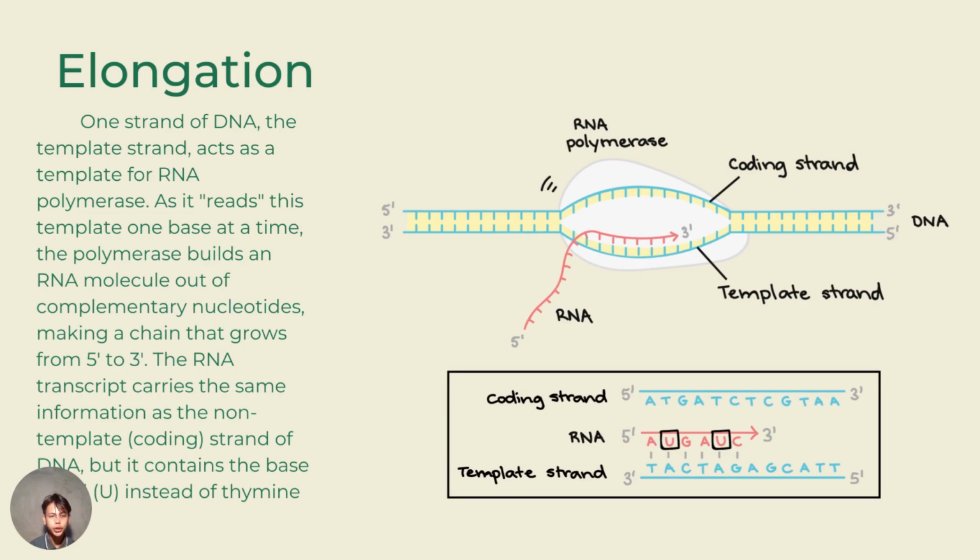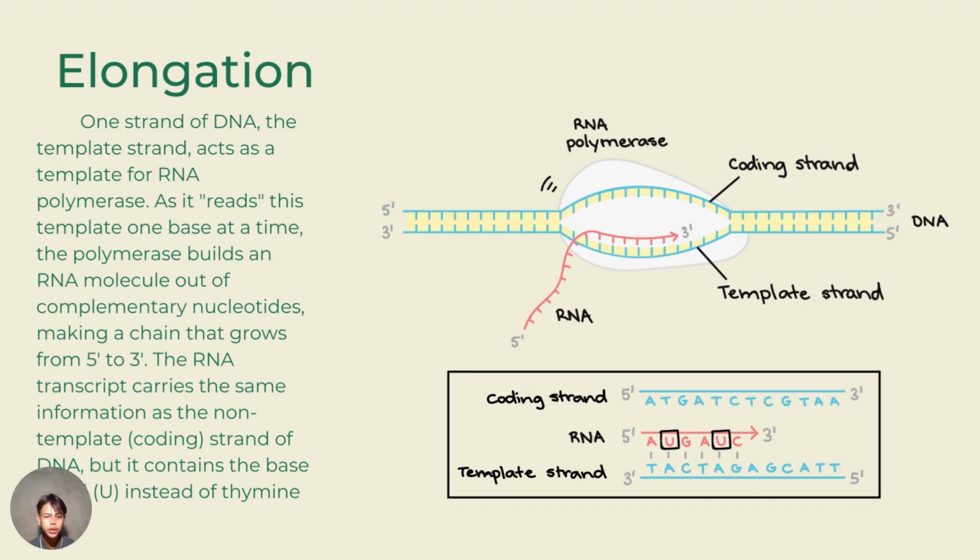Here in elongation, one strand of DNA, the template strand, acts as a template for RNA polymerase. As it reads this template one base at a time, the polymerase builds an RNA molecule out of complementary nucleotides, making a chain that grows in the 5 to 3 direction.